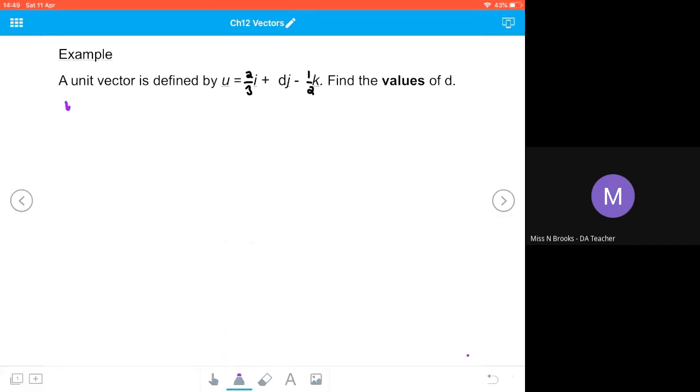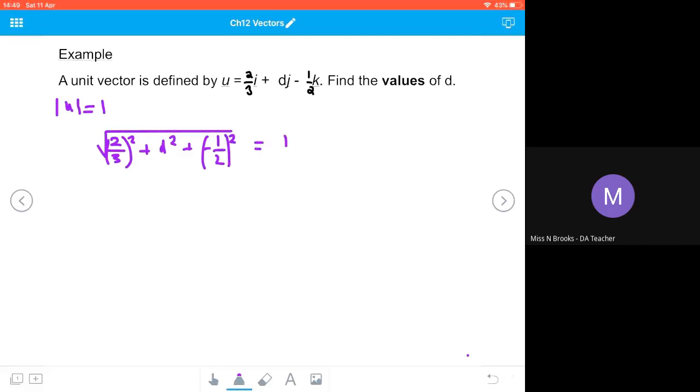So we know that this unit vector here, 2/3 i plus dj minus a half k, has a magnitude of 1. So if we then use our magnitude formula, 2/3 squared plus d squared plus negative a half squared, that's going to equal 1.